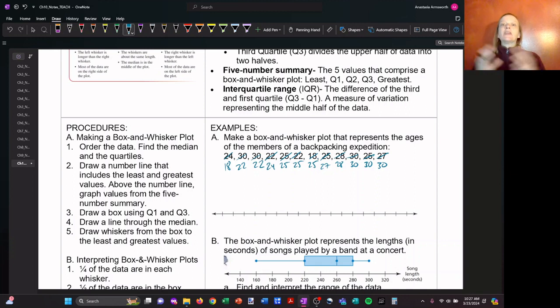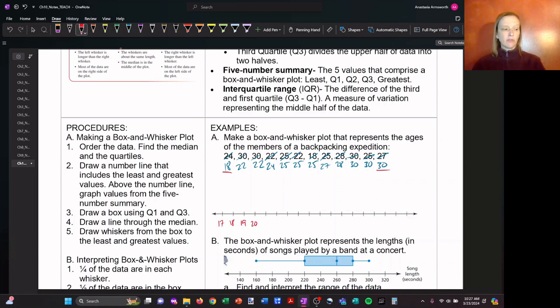Now I can think about my 5-number summary, because these are the 5 numbers I'm going to need to put in my box and whisker plot. First of all, I want to think about my lowest number and my highest number, and I want to make sure these are all encompassed on my number line here. So I'm going to go 17, 18, 19, 20. You can actually just start with 18, the lowest number.